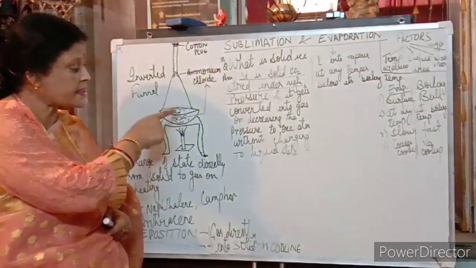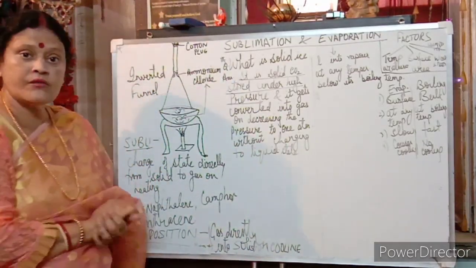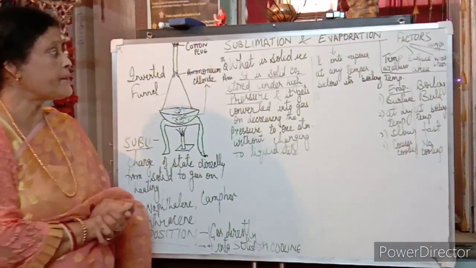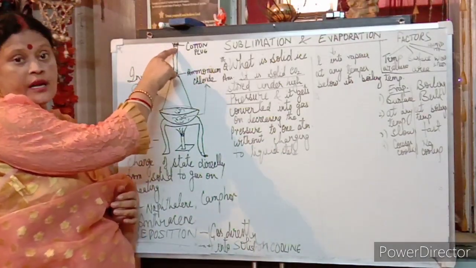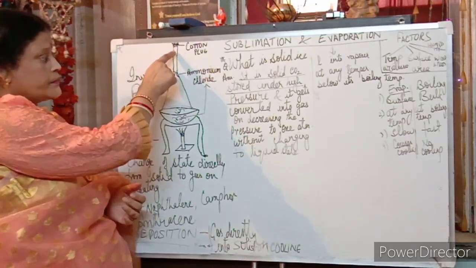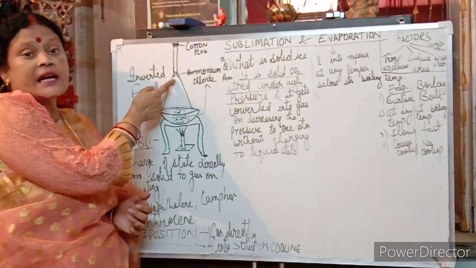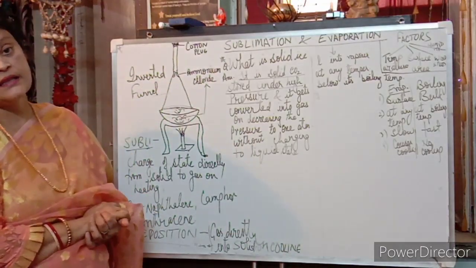So on heating, the ammonium chloride directly converts into gaseous state, and the gas could not escape. Now the gas gets cooled over here, and then again the gas converts directly into solid state.